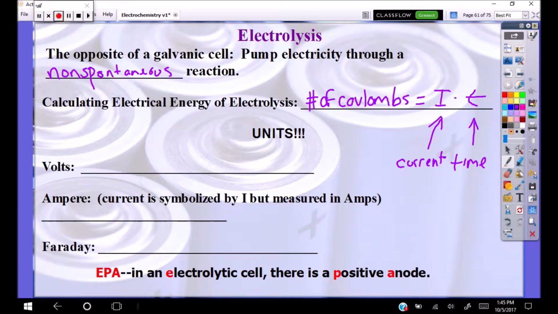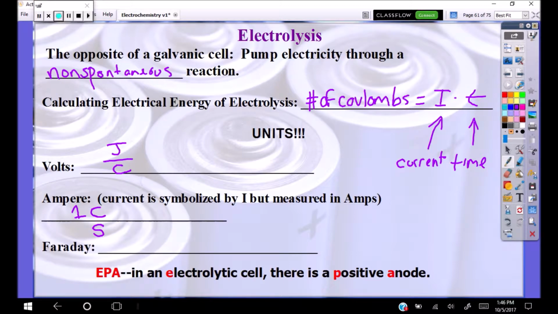So it's I. When we get into units, remember that a volt has units of joules per coulomb. That part is very important. We also know that amps have coulombs per second. So we have 1 coulomb of charge being transferred per second. That is what an amp is. So we're talking about our current there.